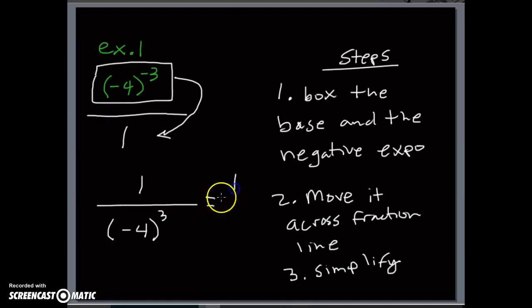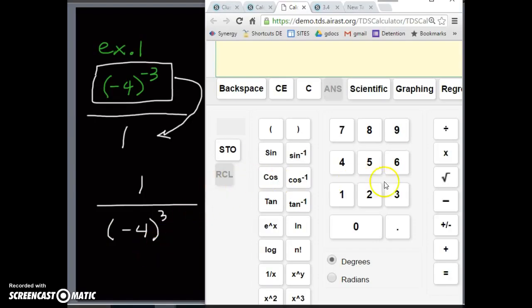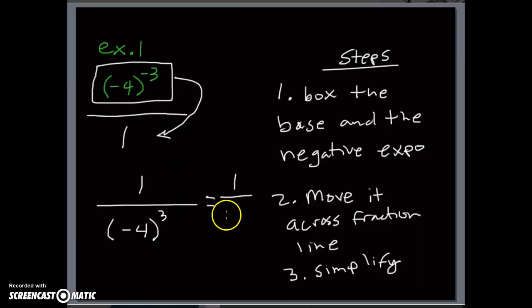So I've got 1 over negative 4 to the third power, and I get negative 64. So if I write it as a positive expression with a positive exponent, you have what you have on the left of the equation, and then on the right of the equation is after I simplify it to an actual value.